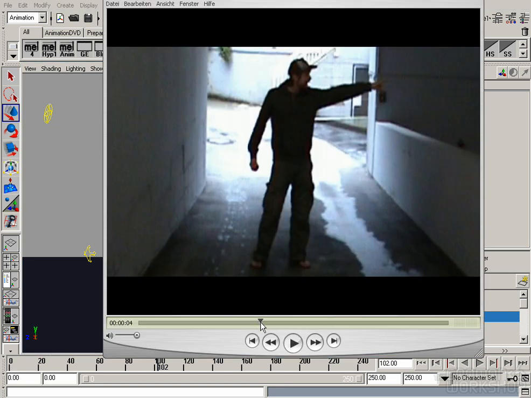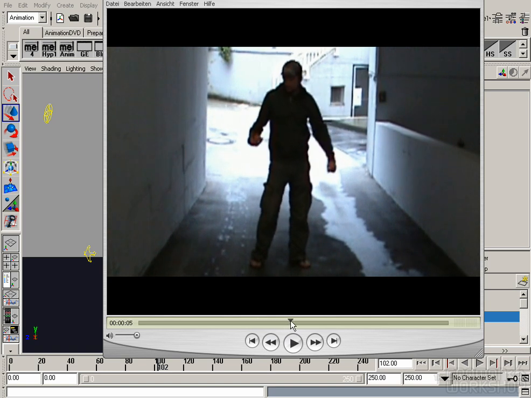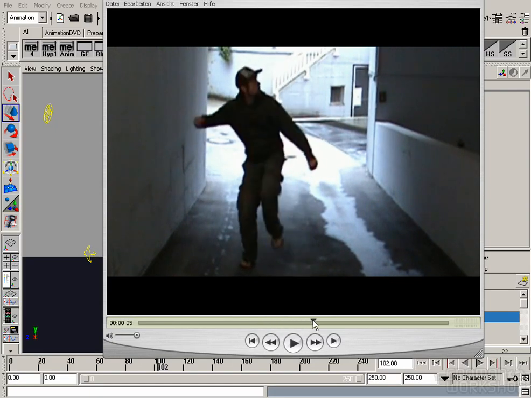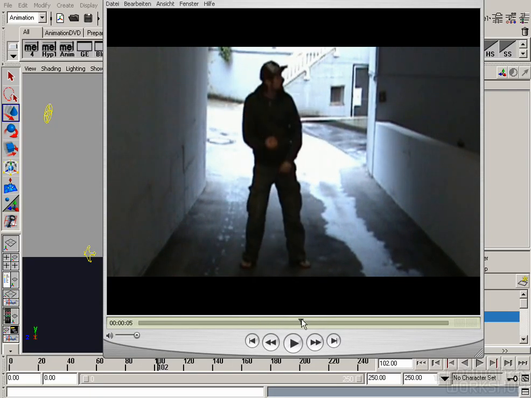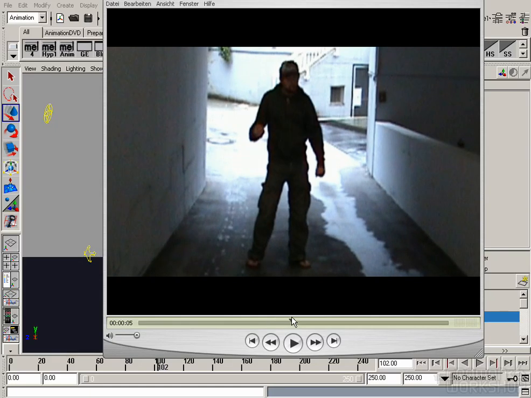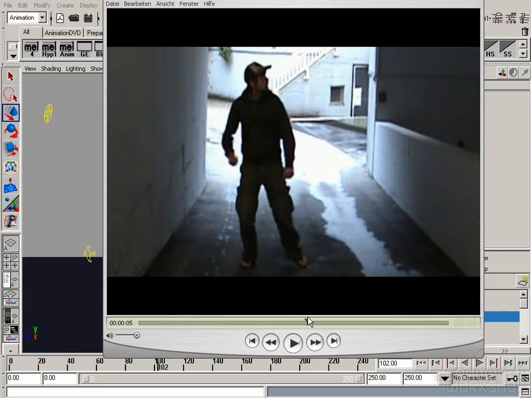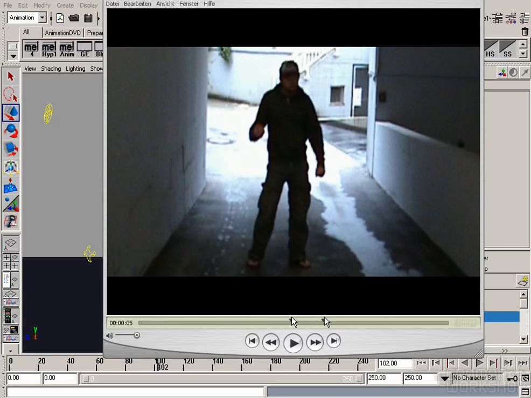Alright, so let's go to the next pose, see what is happening. He takes a look at the ball, but we won't take that for the next pose. We will go straight away to the anticipation of throwing the ball. We don't do that because it's not essential for the story, and we would put it into the breakdown.